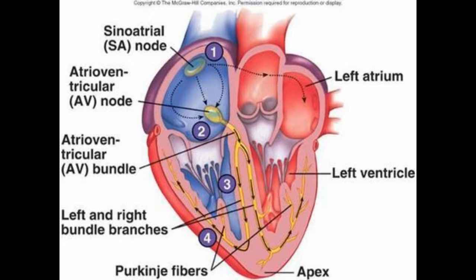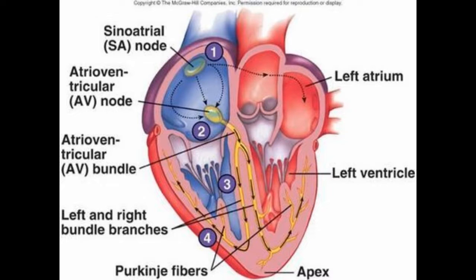The SA node is considered the electrical pacemaker of the heart. Make sure you remember that. The SA node, the electrical pacemaker of the heart, that is where the message from our brain to pump is initially sent. The conduction system of our heart consists of two nodes, the SA node and the AV node.